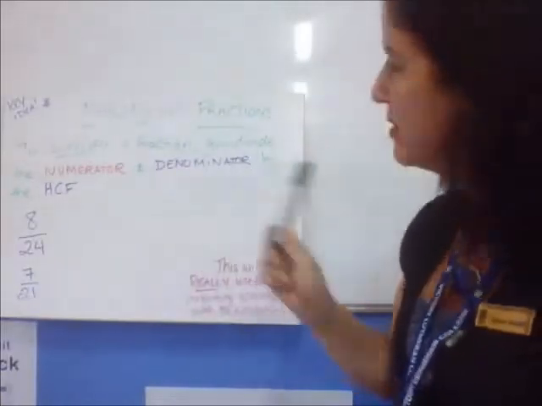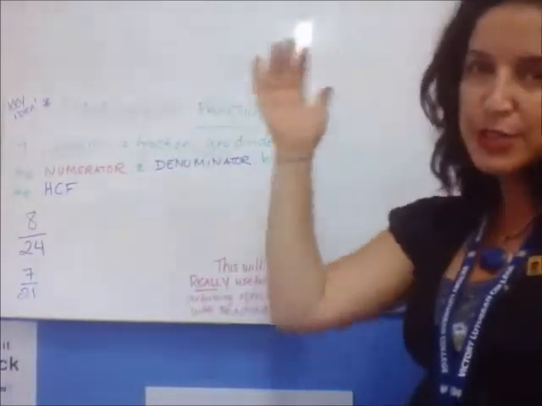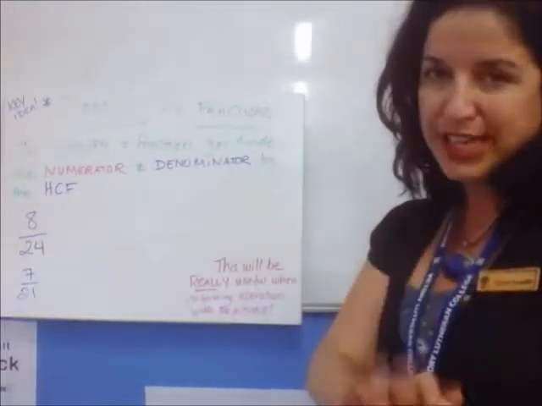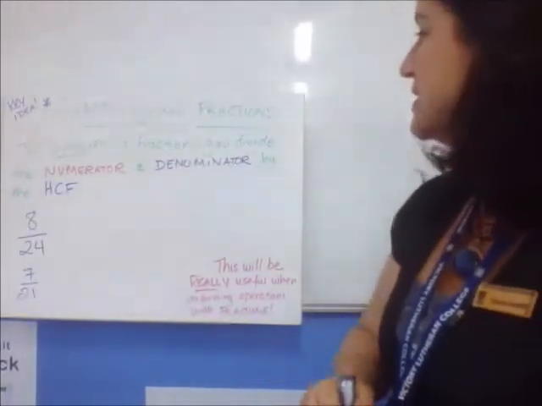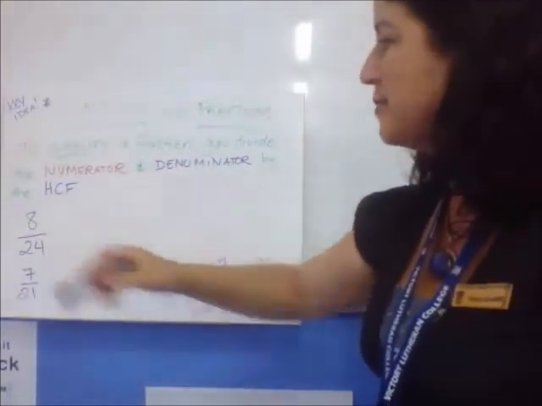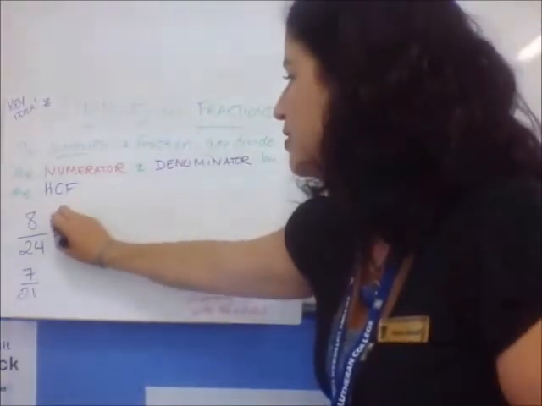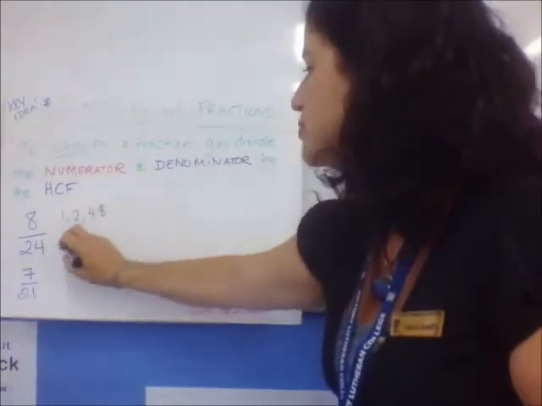Okay, key idea, really important, simplifying a fraction. To simplify a fraction, you divide the numerator, which is the top number, and the denominator, which is the bottom number, by the HCF, the highest factor that they have in common. Okay, so let's do a couple of examples here. 8/24. We know that the factors of 8 are 1, 2, 4, and 8. What about 24?